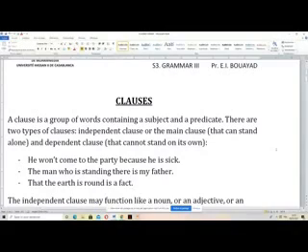Second one, which doesn't include a subordinating conjunction, but it includes a relative pronoun, who is standing there. So here we have who is standing there, which modifies the man. The man is a noun. Since it modifies a noun, then we call it the adjective clause.